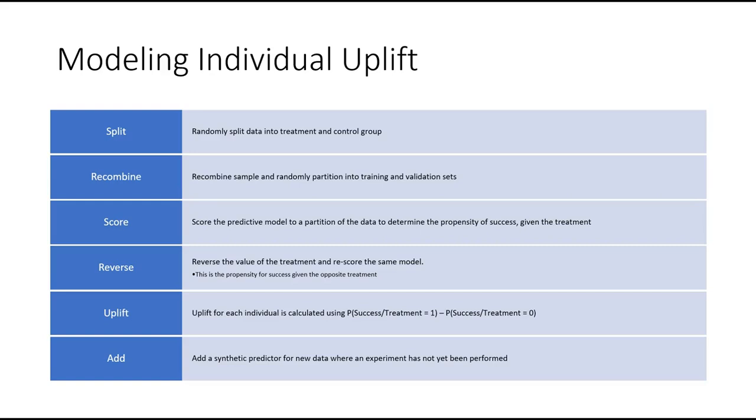Now we're going to reverse the value of the treatment and rescore that same model, because we're looking for the propensity of success given the opposite treatment. Then we'll calculate the uplift for the individuals, and look at a synthetic predictor in a little bit.